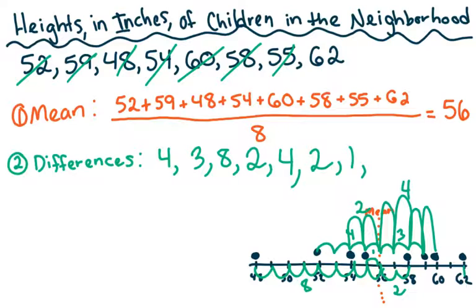And 62, which is 1, 2, 3, 4, 5, 6 away from the mean. What we have here are the distances from the mean.